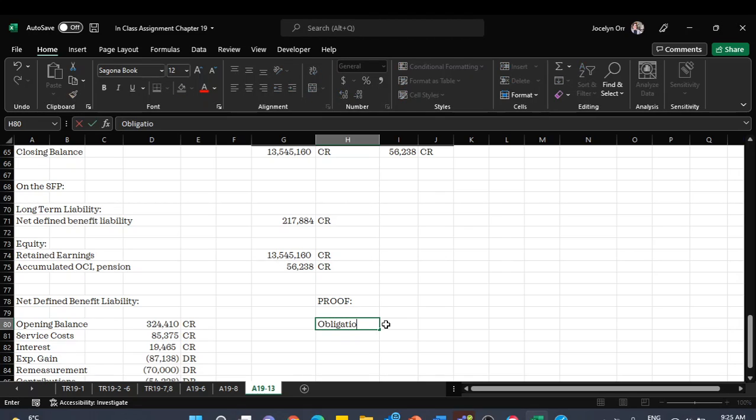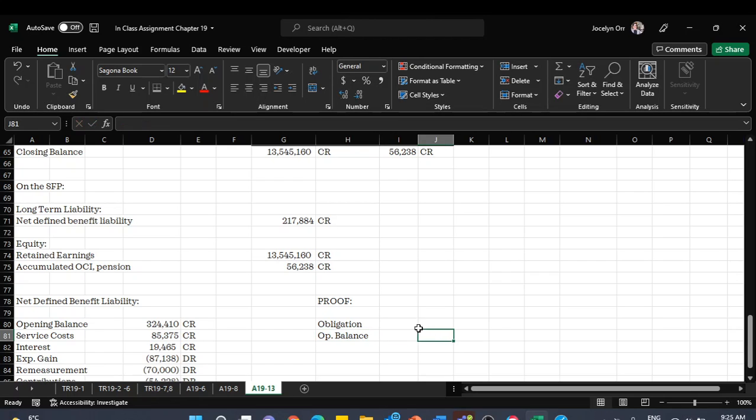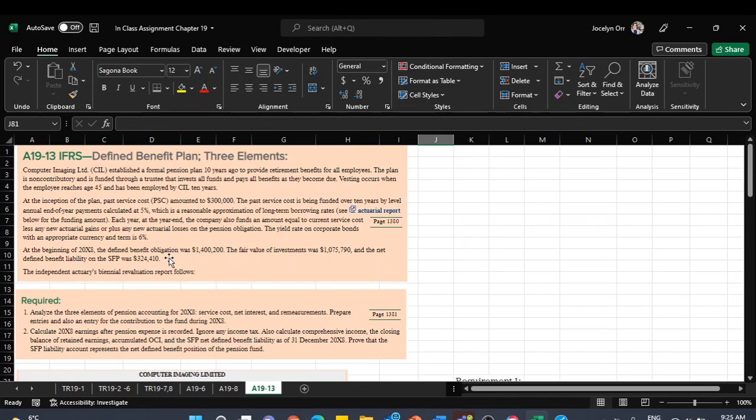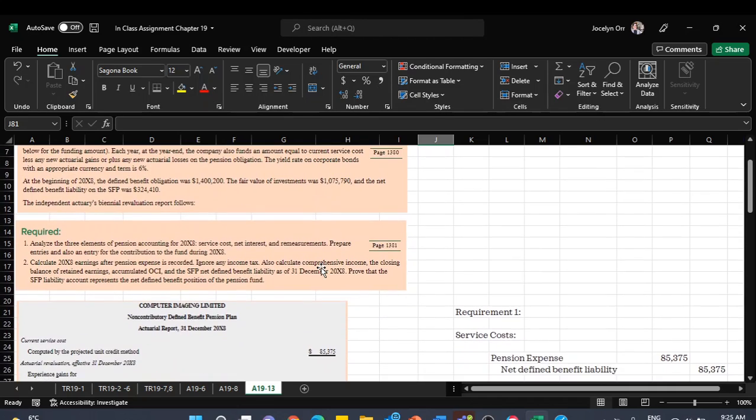So let's start by looking at our obligation. Okay, we have that opening balance, and that's the amount that was given to us. So our obligation had an opening balance of 1,400,200.